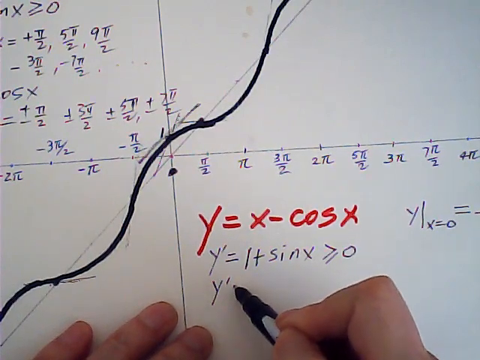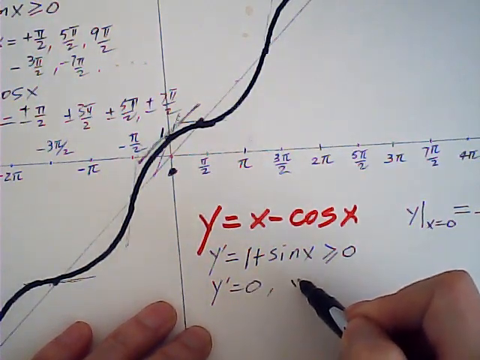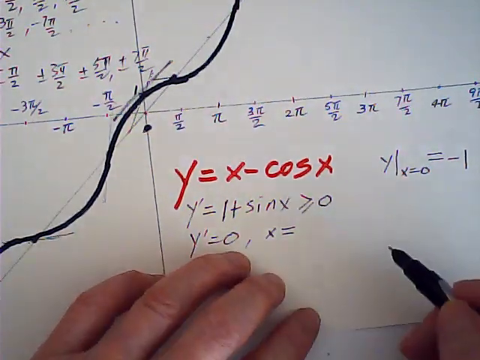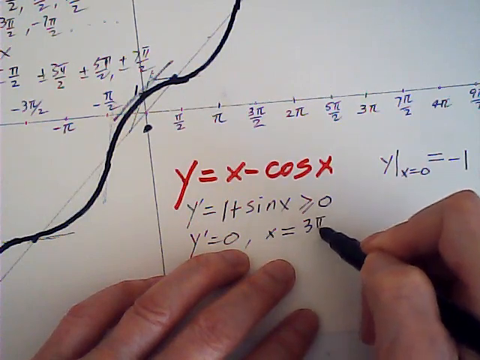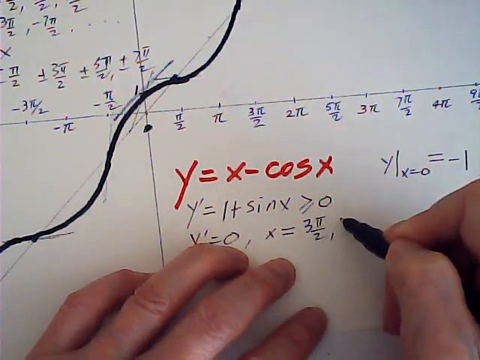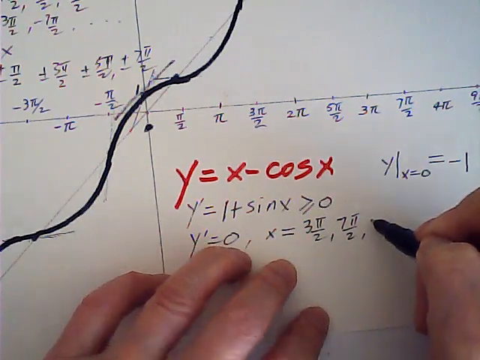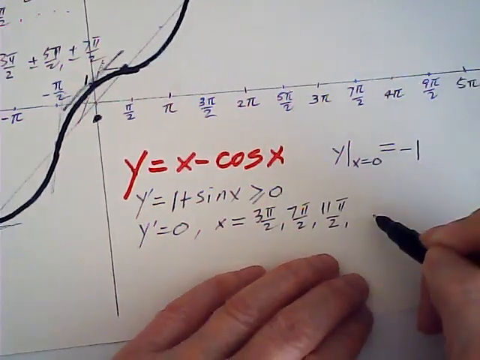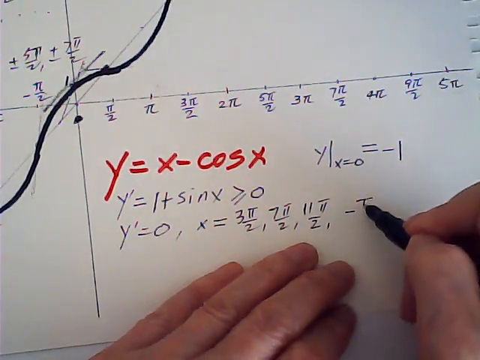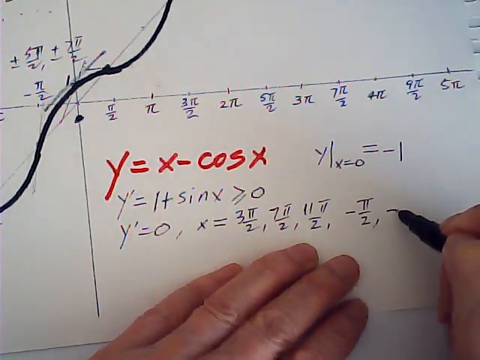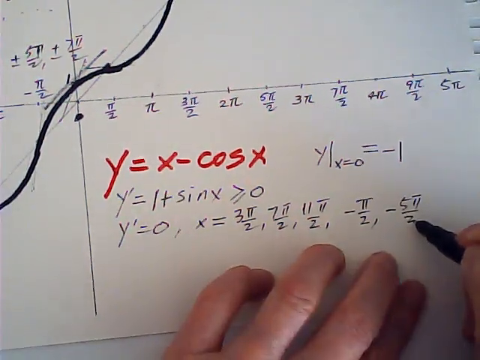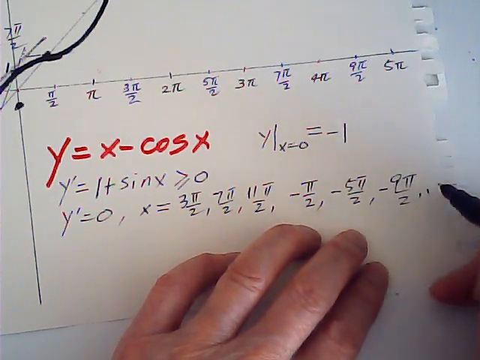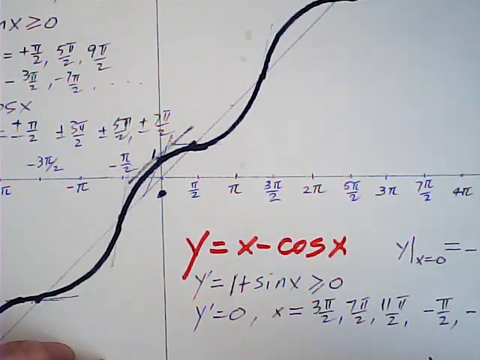And first derivative equal to 0 means x is equal to 3 pi over 2, right? 7 pi over 2, 11 pi over 2. For the negative side, negative half pi, negative 5 pi over 2, negative 9 pi over 2, and so on.